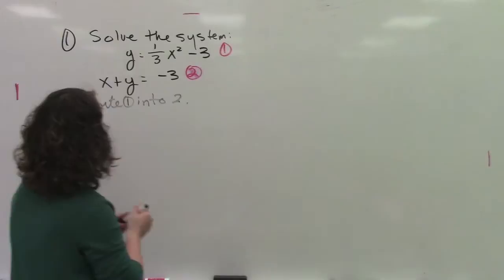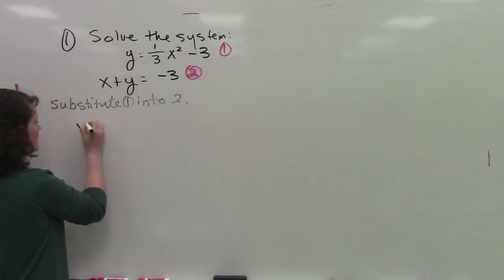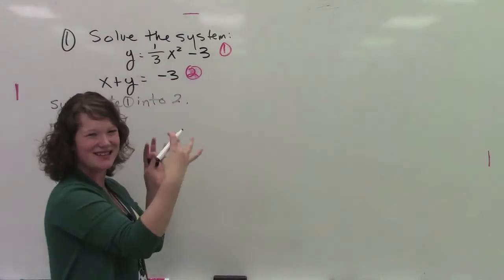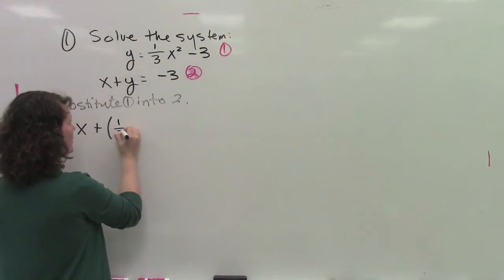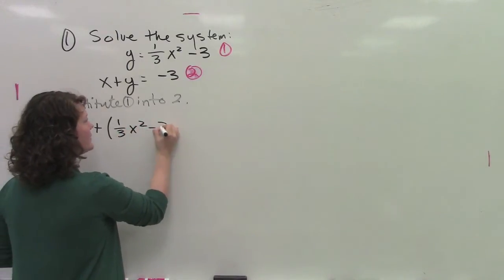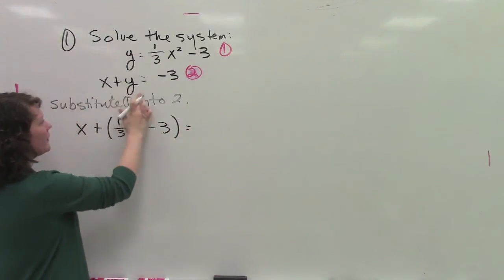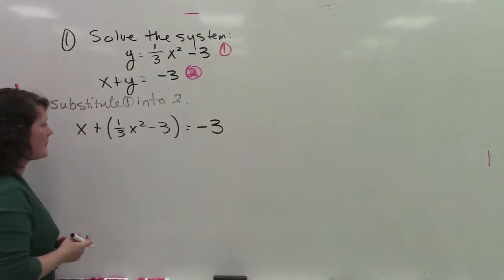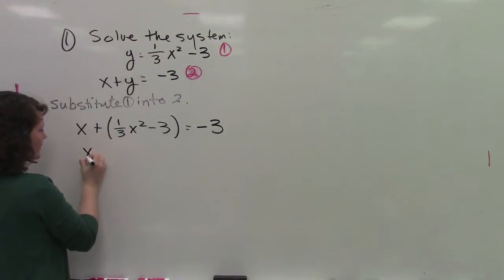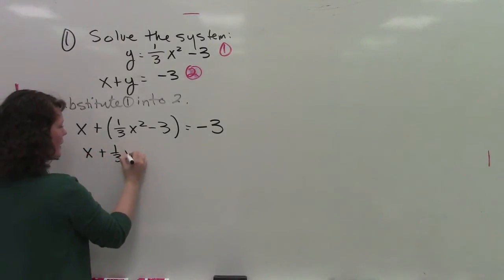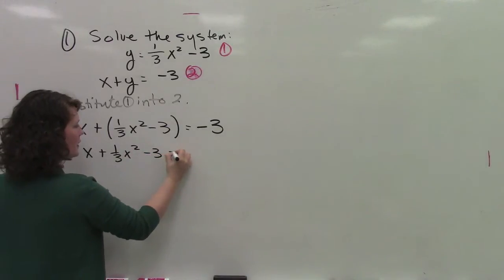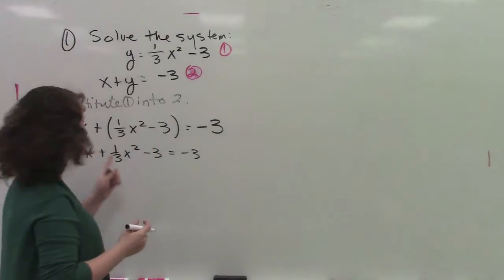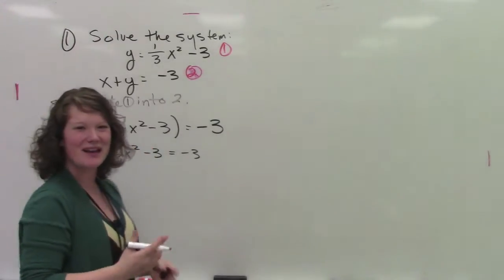So I'm going to say x plus, I'm not going to say y, I'm going to put it in brackets because it contains it really nice. 1/3 x squared minus 3 equals, so I've written down what my y term is, equals minus 3. Now I'm going to let those brackets free. X plus 1/3 x squared minus 3 equals -3. These brackets are not as important here because this is not a negative and we're not multiplying in anything.